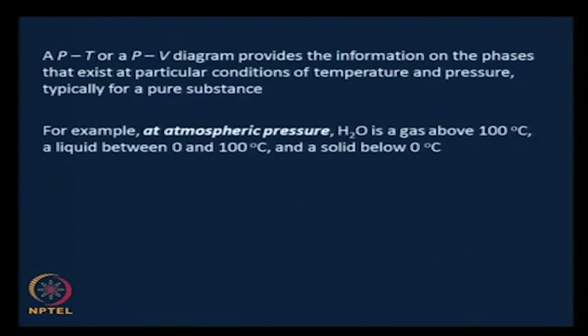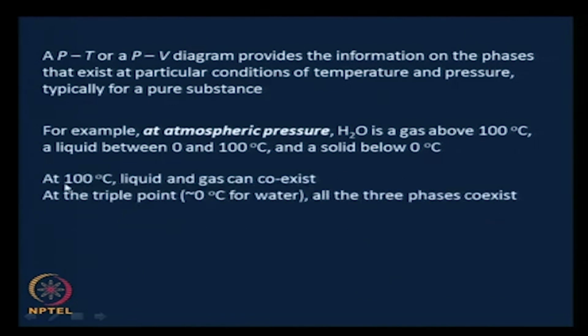At atmospheric pressure, 1 atmosphere, H2O or water is a gas above 100 degrees C, a liquid between 0 and 100 degrees C, and a solid below 0 degrees C. At 100 degrees C, liquid and gas of H2O can coexist. We are all talking about atmospheric pressure here. And at the triple point, which is about 0 degrees C for water, all three phases, solid, liquid and vapor, coexist.